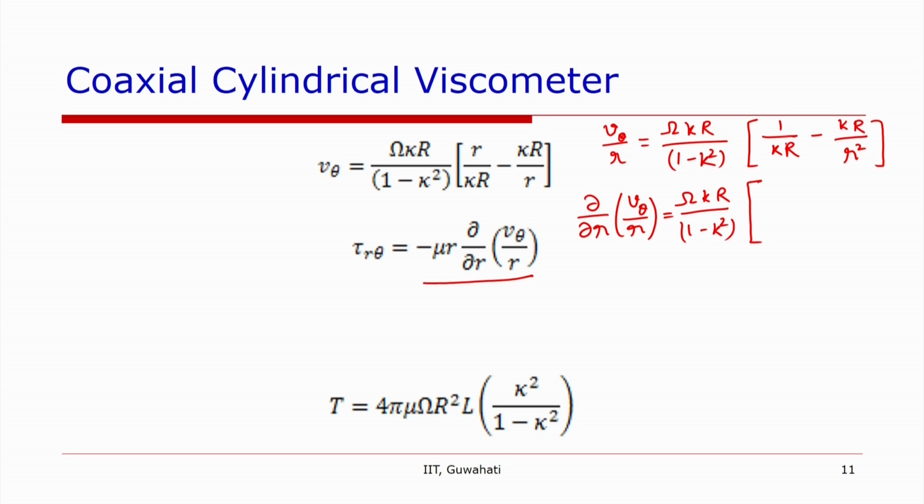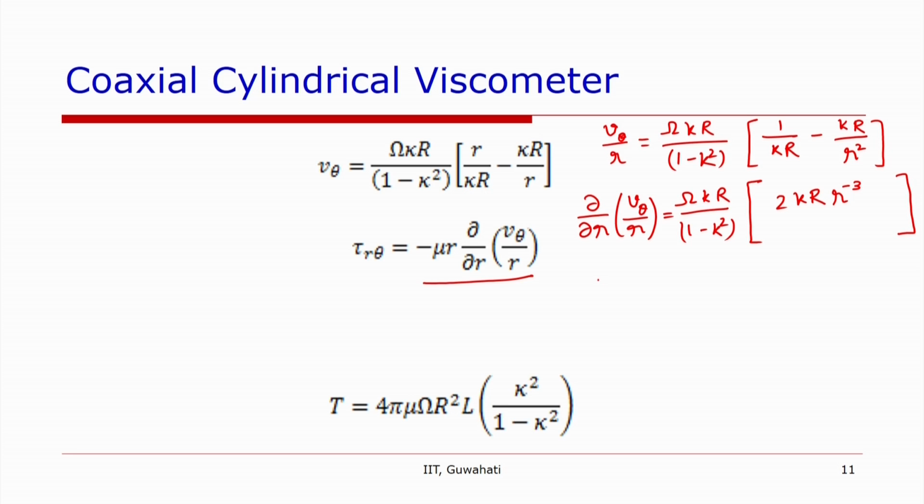This is a constant, so this becomes 0, minus kappa R to the power minus 3 multiplied by minus 2. So if we take all this into account, we can make this a plus, this also can go, and this 2 can come here.